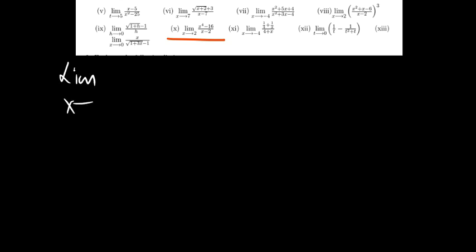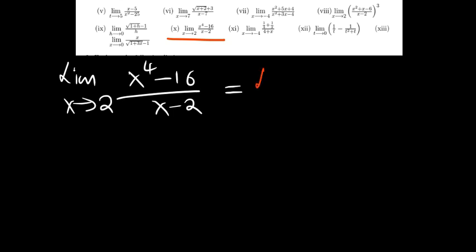The limit as x approaches 2 of x to the power 4 minus 16, over x minus 2. What you can see is if we substitute directly into the denominator, we have a 0 in the denominator.